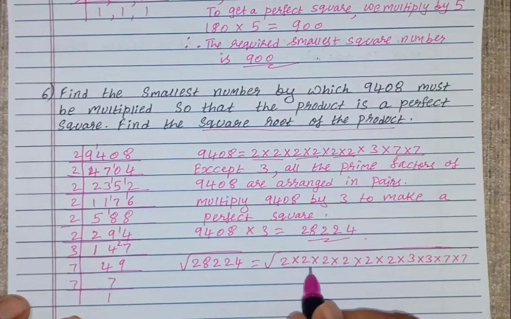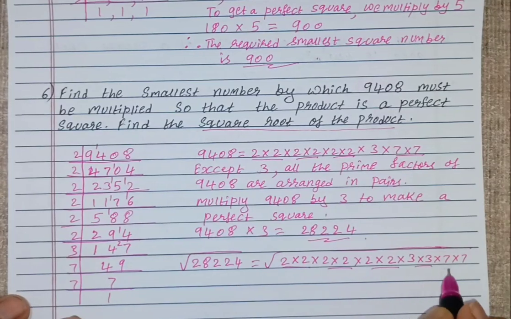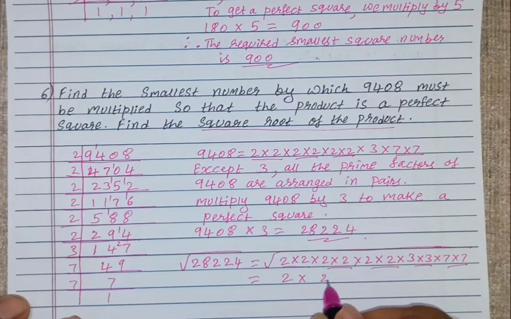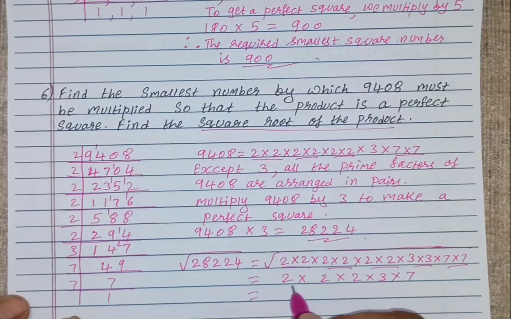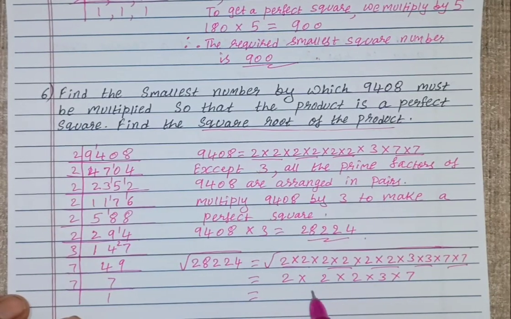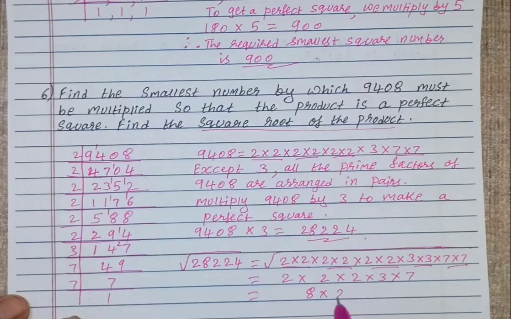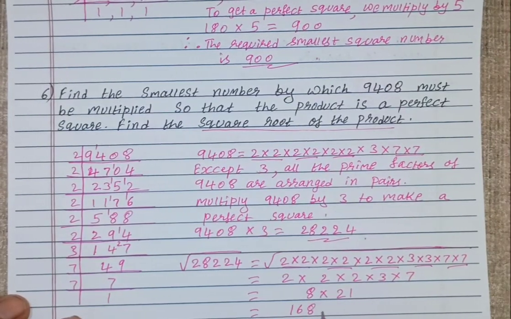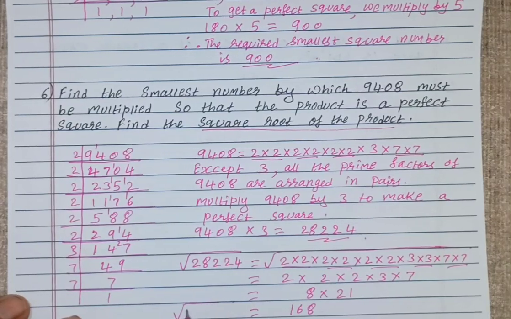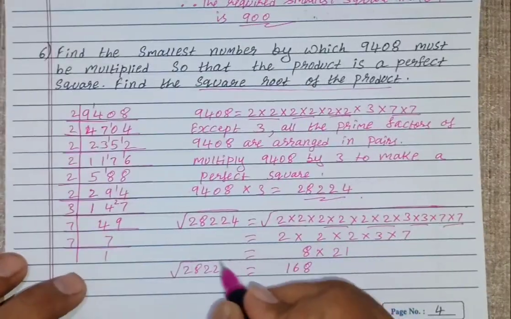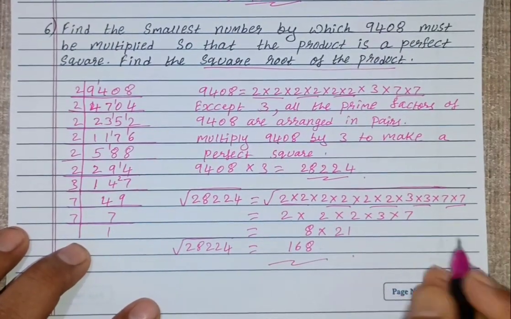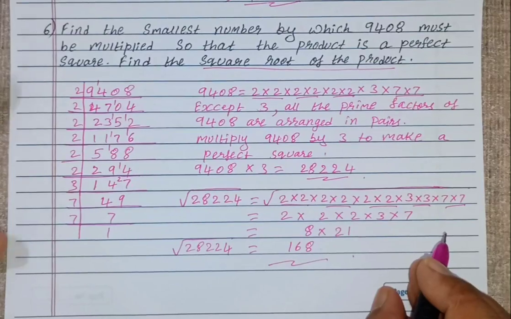We know these are all in pairs. So take one from each pair: 2 into 2 into 2 into 3 into 7. That is 8 into 21, which is 168. The square root of 28,224 is equal to 168. Okay children, I hope you understood this problem.